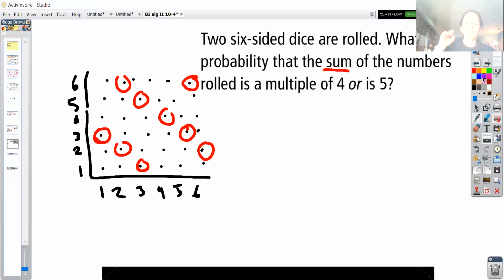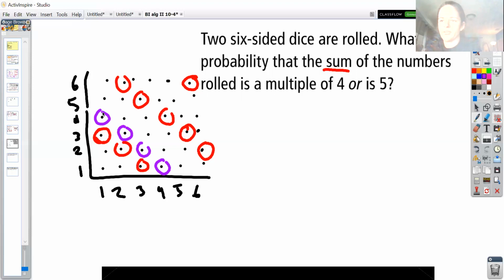Then it says, or what's the probability that the sum of the numbers is 5? So the sum of the numbers being 5 would be 4 and 1, 3 and 2, 2 and 3, and 1 and 4. These are examples of disjoint or mutually exclusive events, because the sum cannot be both a multiple of 4 and 5, because 5 is not a multiple of 4.